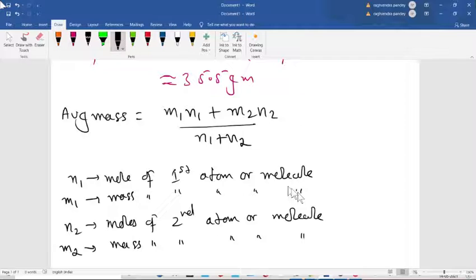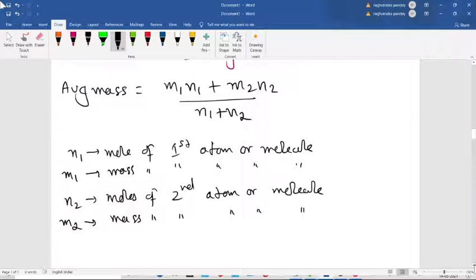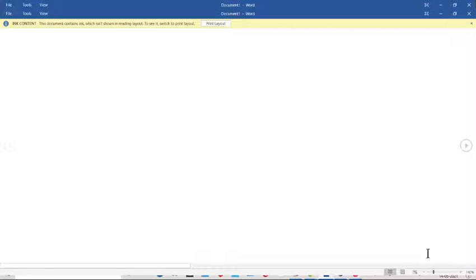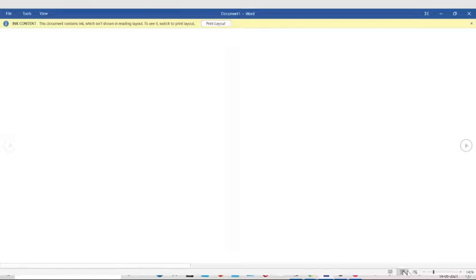So we will do a numerical based on this. It is important, so this will come in the chemical equation.